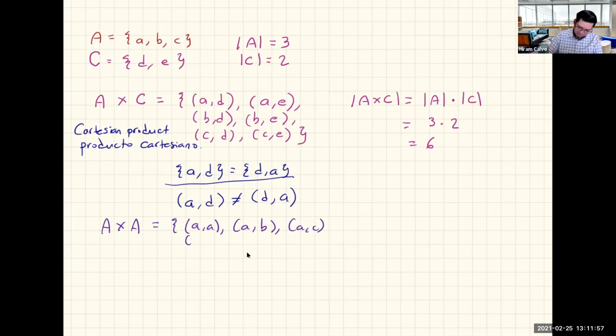It's BA, BB, BC, and CA, CB, and CC. You can list all of them just in a single row, but I'm writing in 3 rows so that you can see how the combination is being created.